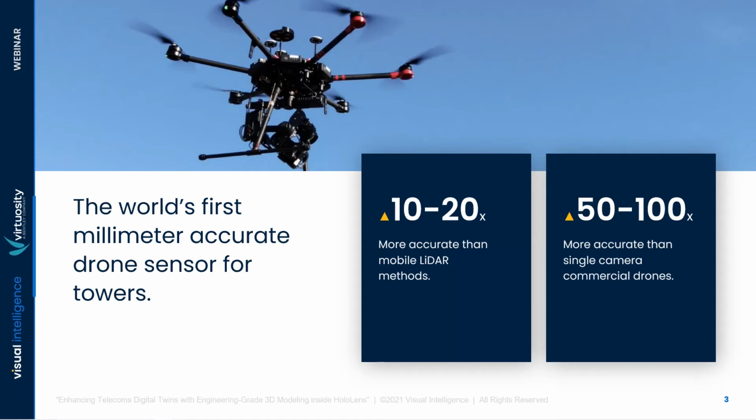We're looking at this as being 10 to 20 times more effective than what you can create from the ground with LiDAR methods, given the height of tall structures and LiDAR's capability, and 50 to 100 times more accurate than those traditional off-the-shelf commercial drones that you can buy from the local supermarket or store in some cases. Again, more details are available in some of the documents we've supplied within the webinar. But of course, if you have a specific question, we're more than happy to answer how those claims are substantiated.